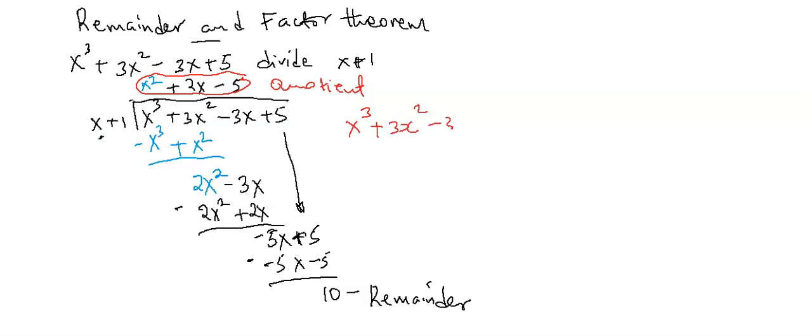We can write this as the same as x plus 1 times x squared plus 2x minus 5, plus the remainder 10.